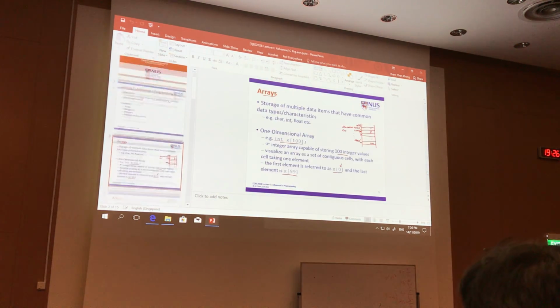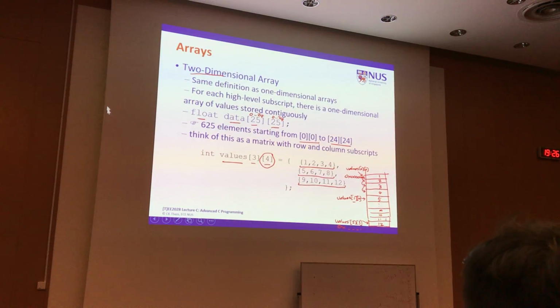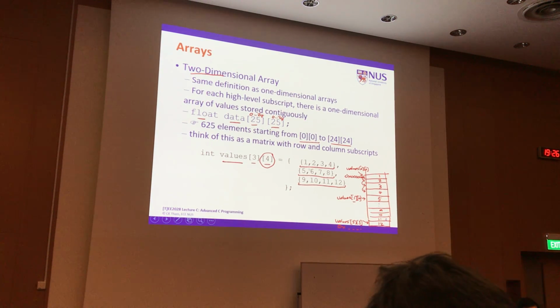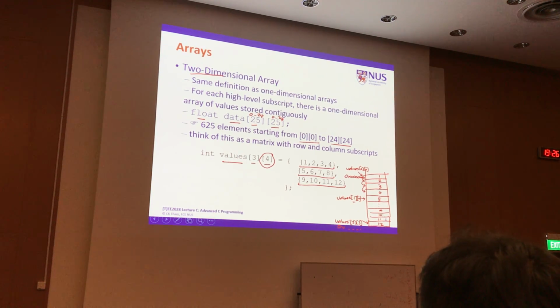Okay, remember when you have two-dimensional arrays, right? Let's say you have this 3 rows, and each of the rows have 4 elements or 4 numbers. So those numbers, they are actually stored row by row. So the 1, 2, 3, 4 is like that. The 5, 6, 7, 8, and the 9, 10, 11, 12.